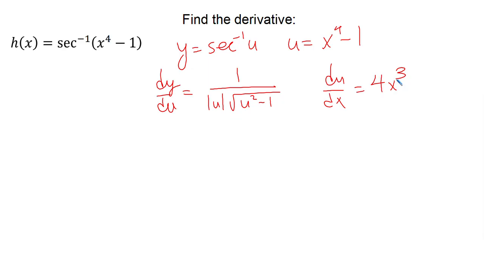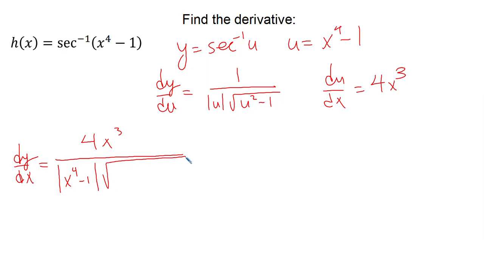So to start off with, we'll have dy/dx is equal to the product of those two things, 4x cubed over the absolute value of x to the 4th minus 1 times the square root of u squared minus 1, where u is x to the 4th minus 1. So we'll distribute out what's going on there in our denominator.